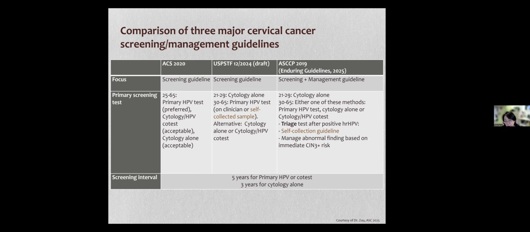The ASCCP guideline depends on the clinician's preference: you can choose primary HPV, cytology alone, or co-testing. And now self-collection testing is on the rise again.